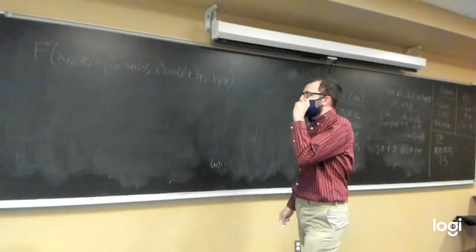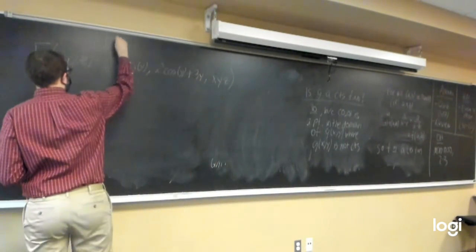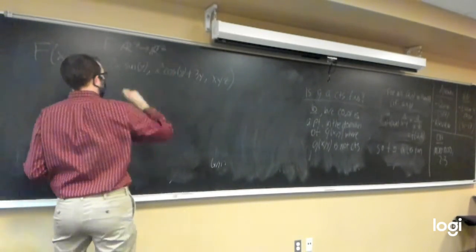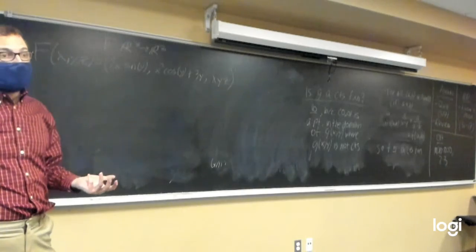So here we have a vector field. It's going to be a function going from R3 to R3. And we'd like to see, is this a gradient field?